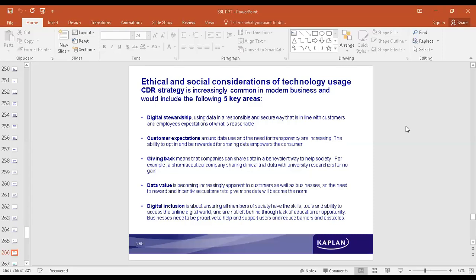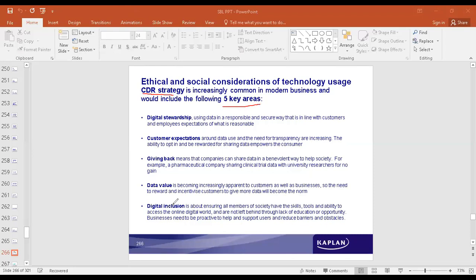The corporate digital responsibility has 5 key areas. The CDR strategy is increasingly common in modern business, which include the following 5 key areas.